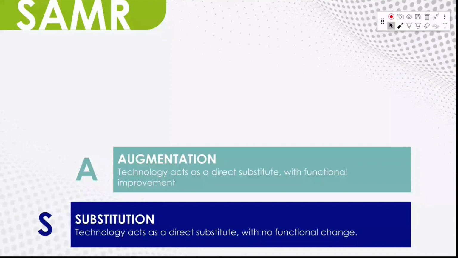There's a lot of argument between the two, because this presentation I'm showing you is, I suppose, substitution, because I'm just substituting myself writing on a board. But it does technically have functional improvement, because it's nice that things are coming in one at a time, not as one solid thing.